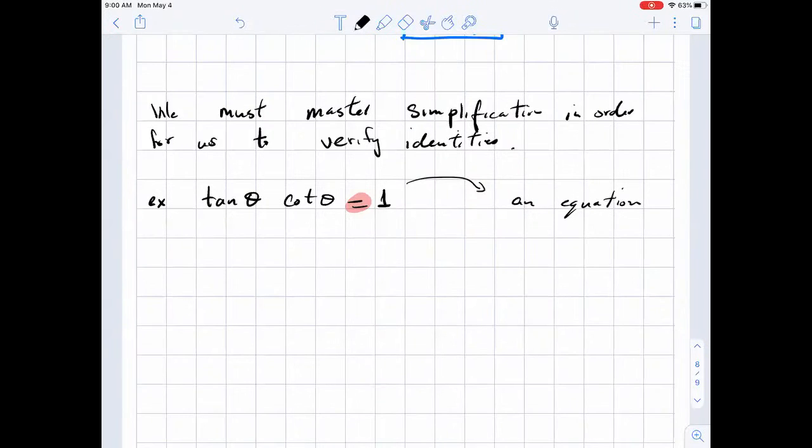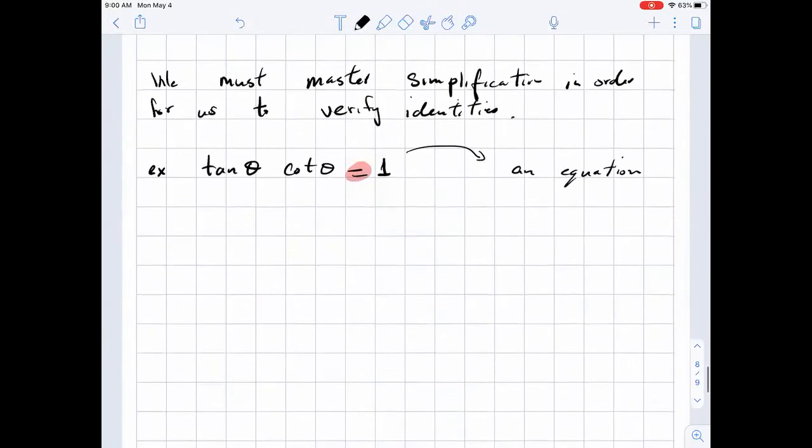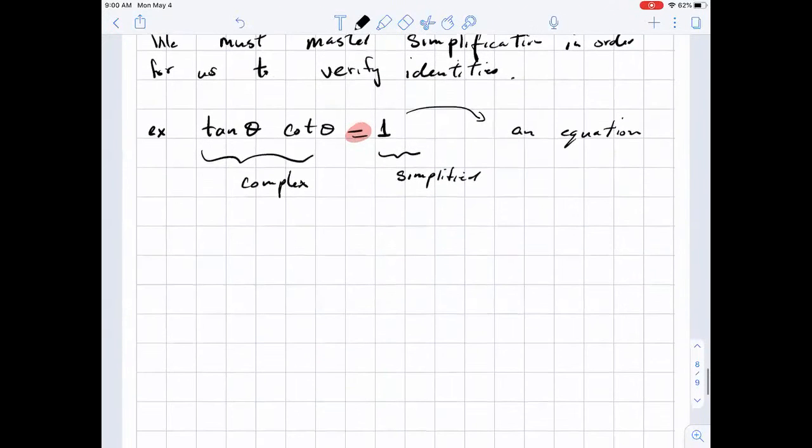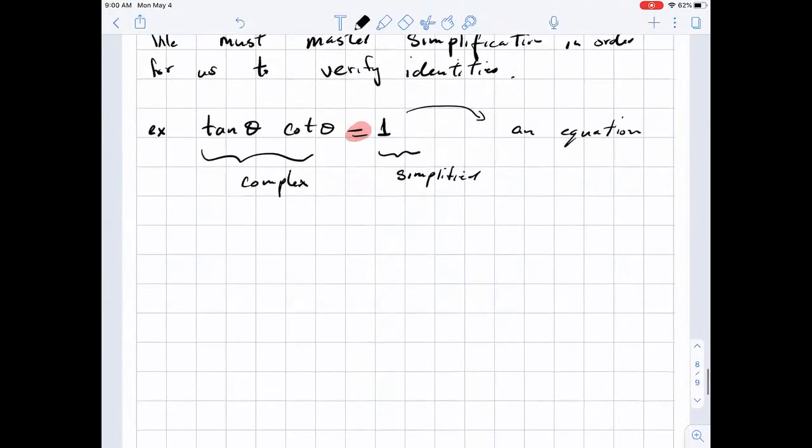And in general, guys, the side that's more complicated, this looks more complex. This looks already simplified. So we take the more complex side, and that's the side we try to simplify.